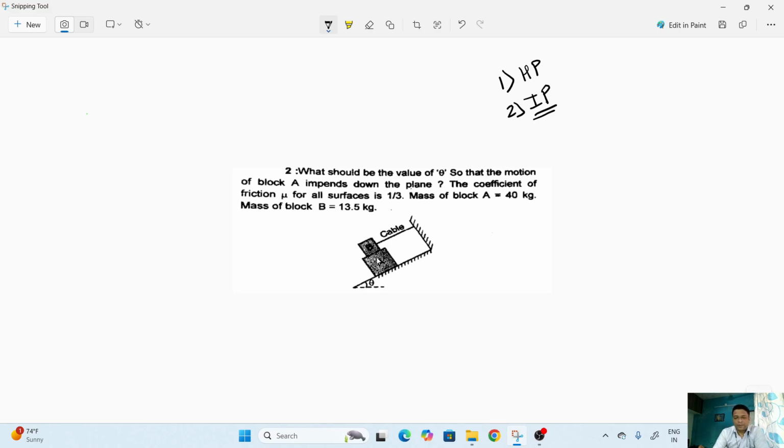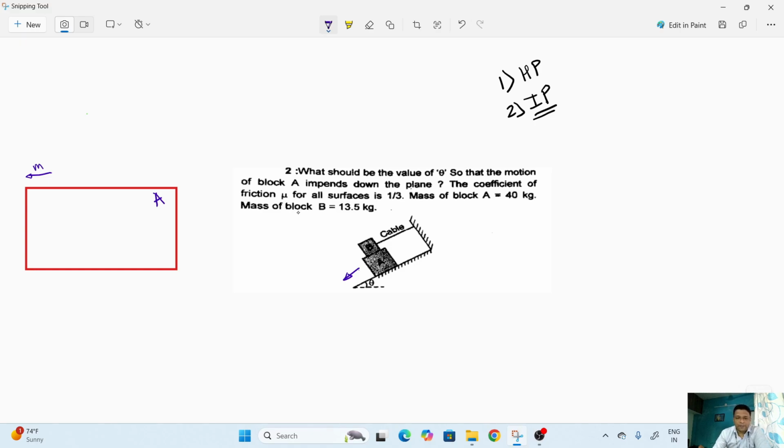Now the block is kept on the inclined plane, but we'll consider that those blocks act like a horizontal body. So first we'll draw the bottom most block, that is block A. Block A will move down, so I'll give the direction of motion here. This is the motion of block A moving in the downward direction, right?